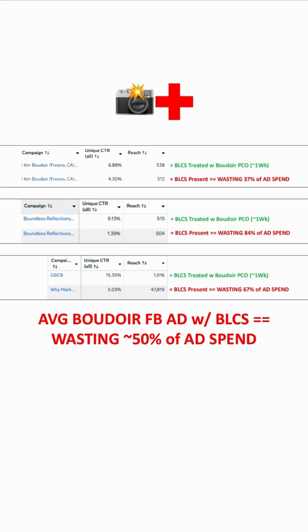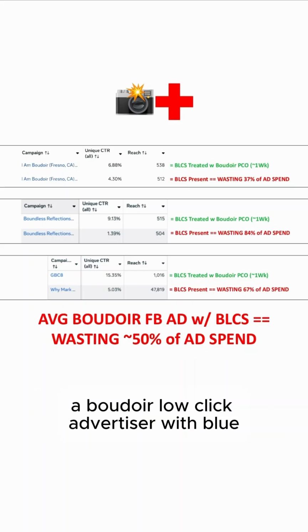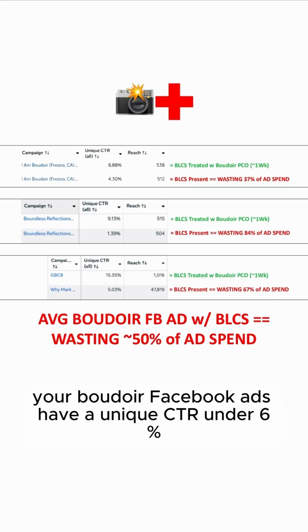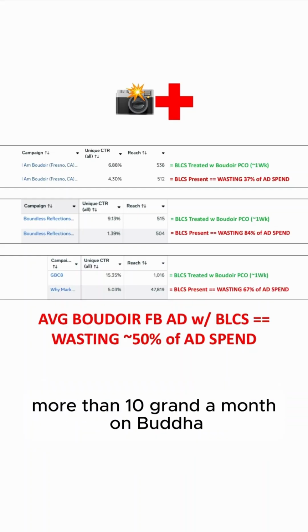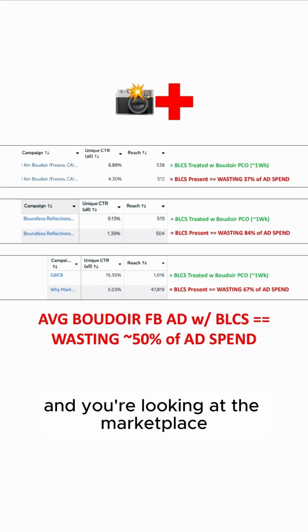So if you're a BLCA with BLCS, a Boudoir low click advertiser with Boudoir low click syndrome, your Boudoir Facebook ads have a unique CTR under 6%, and you're spending more than 10 grand a month on Boudoir Facebook ads, and you're looking at the marketplace and it's getting more and more saturated.